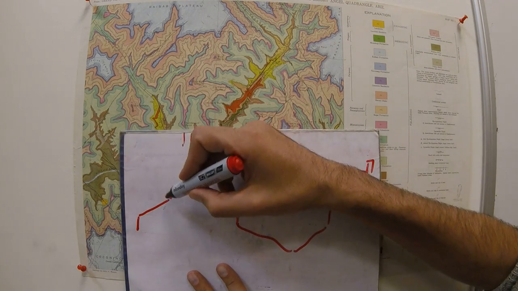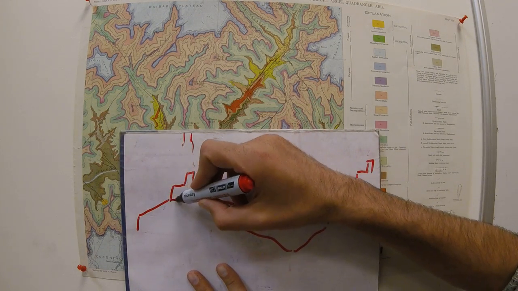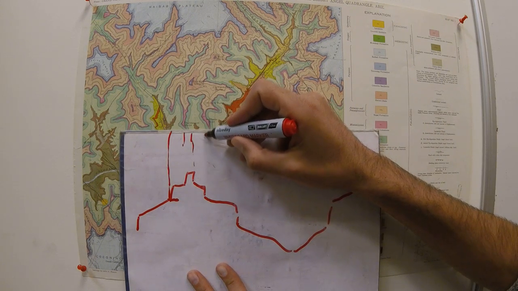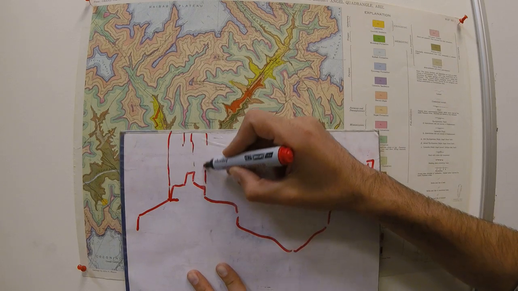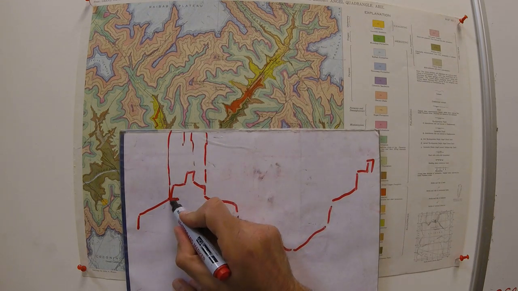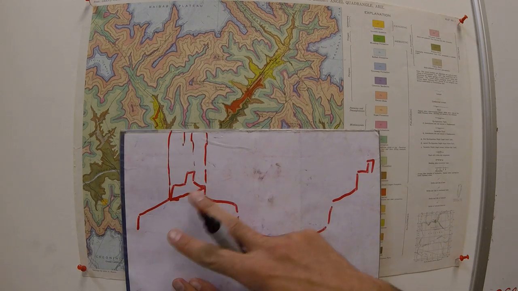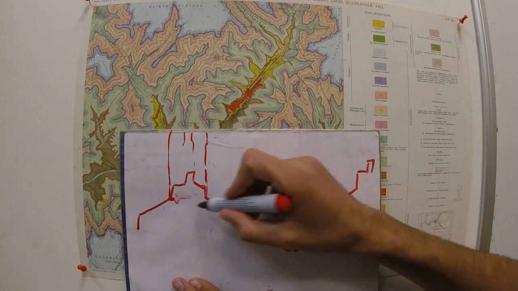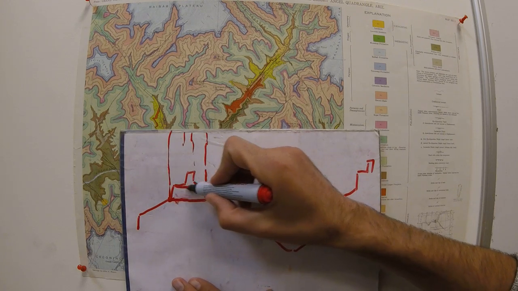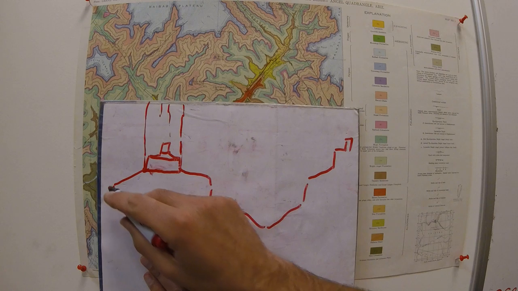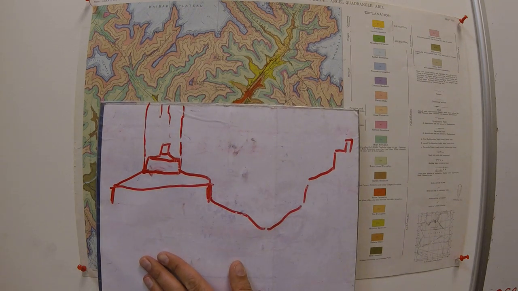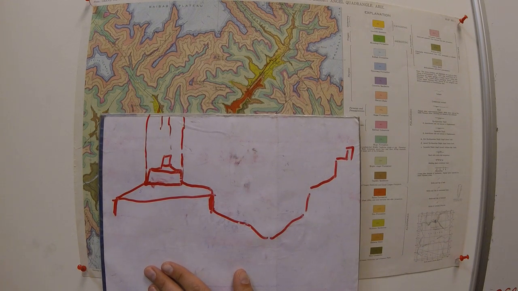For example, if the bottom of this bed is mapped here, so you put your contact here, and then the bottom of this bed is a bit off and ends up here, don't draw that layer like that, because it's very clear that the layer is horizontal and that should actually represent the bottom of that cliff. So make sure that your contact actually makes sense. Make sure that the cliffs are in the rocks that make cliff and the low angle topography in the rocks that make low angle topography.